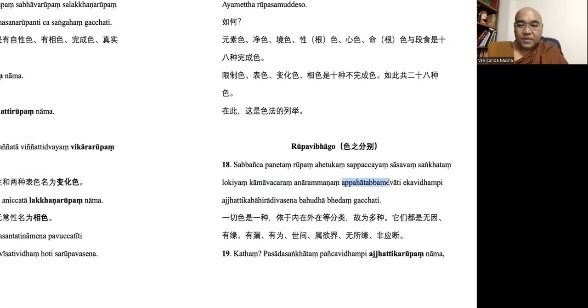These are the nature of the rupa, we can simply say. In terms of this nature, there is no differentiation among the rupa; they cannot be divided into two or three, only one. But though they are one in this nature, they can be categorized into many groups: internal, external, etc.